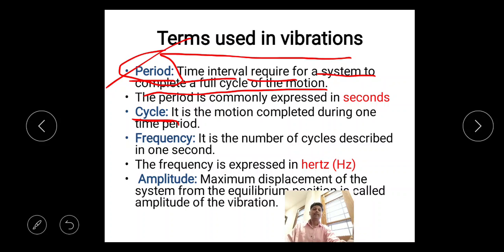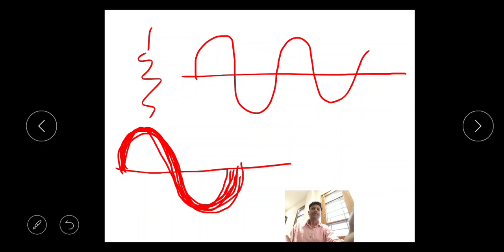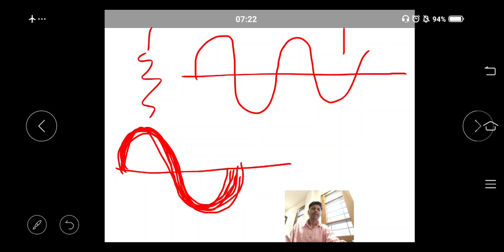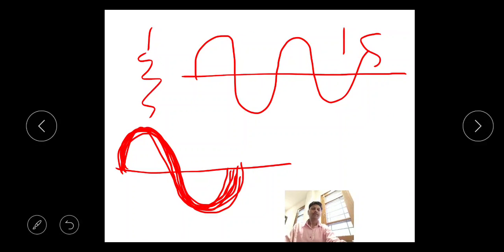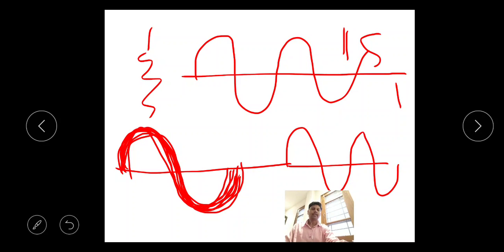Okay, and then frequency. What is frequency? If in 1 second it is completing only one cycle, then frequency will be 1. If in 1 second it is completing 2 cycles, then frequency will be 2.